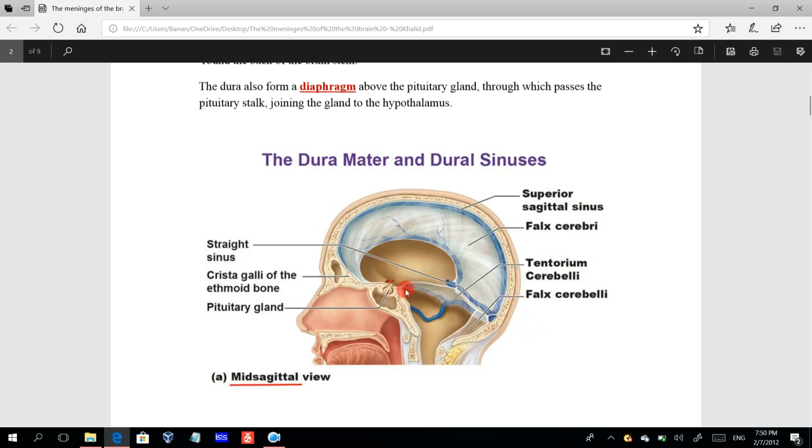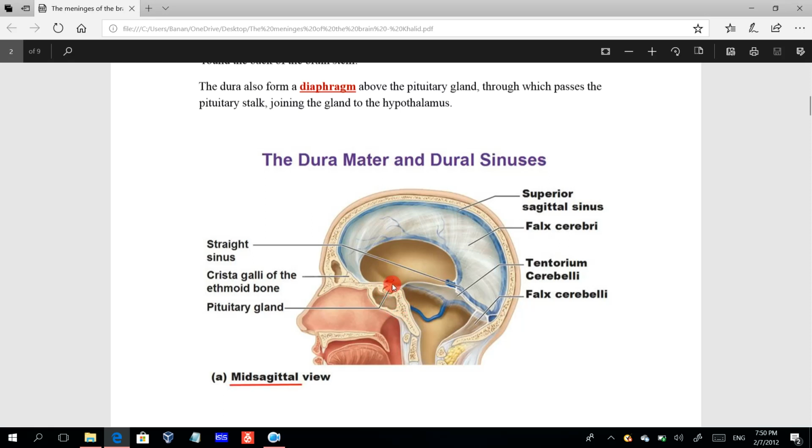And also, of course, here is another membranous extension covering the sella turcica. You know, the sella turcica is in the upper part of the body of the sphenoid bone. This is the sphenoid bone, and here we have the sella turcica containing the pituitary gland.